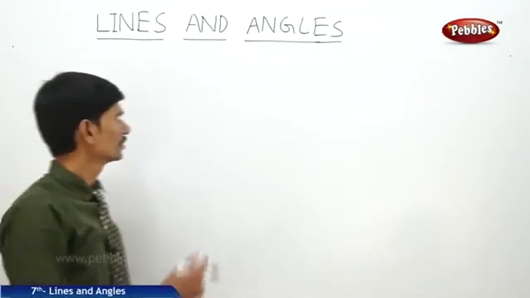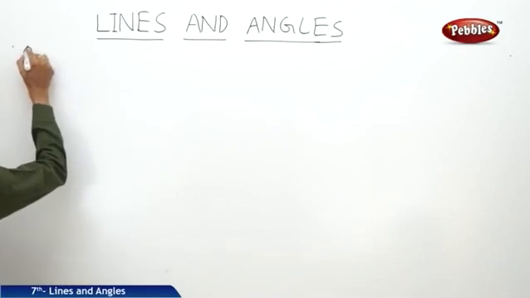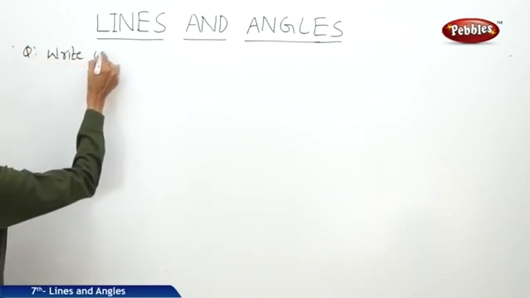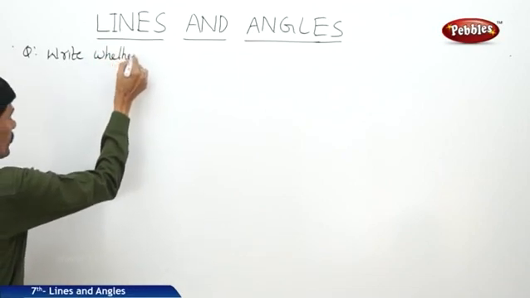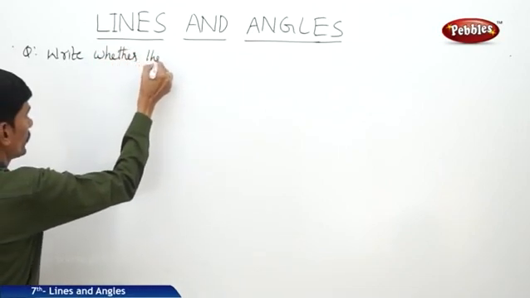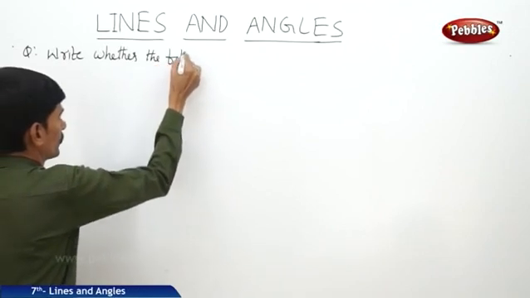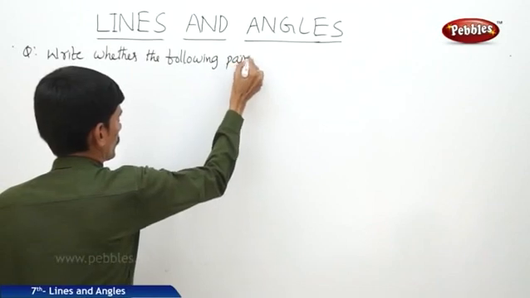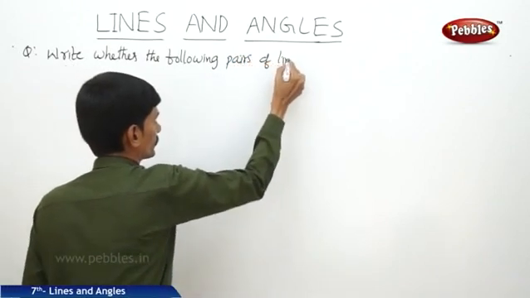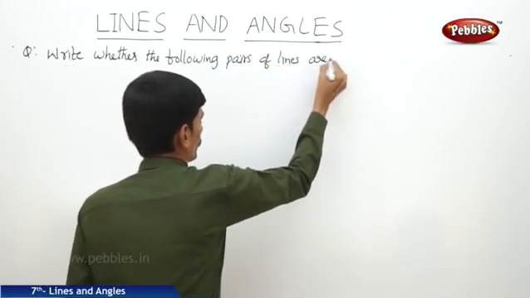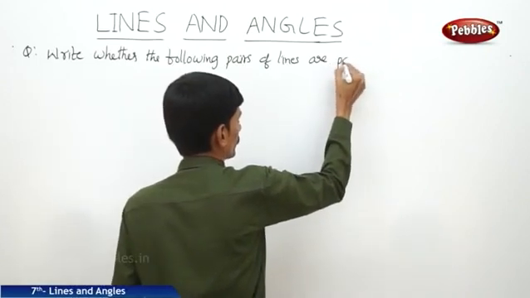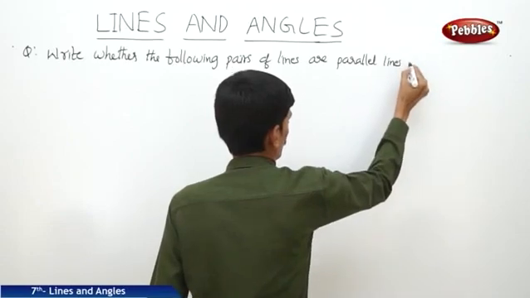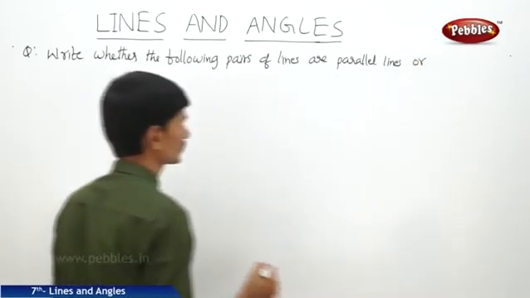And next question. Write whether the following pairs of lines are parallel lines or intersecting lines.